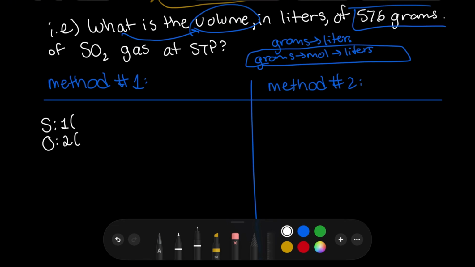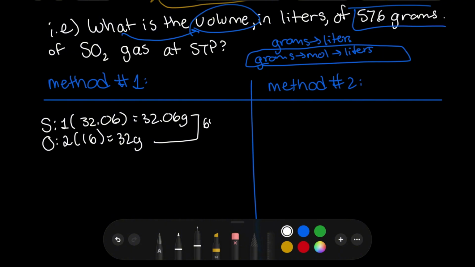Now, what is the average atomic mass of each one? So sulfur has an average atomic mass of 32.06 grams, and oxygen has an average atomic mass of 16. So we do 2 times 16 and we get 32 grams. We add these together and we're going to get 64.06 grams for our GFM.